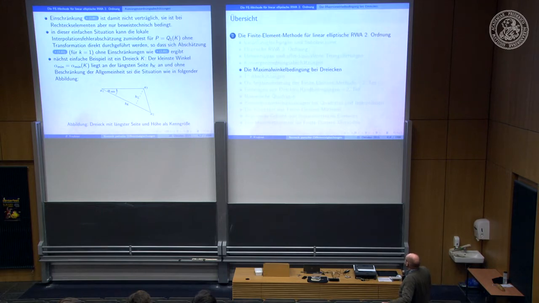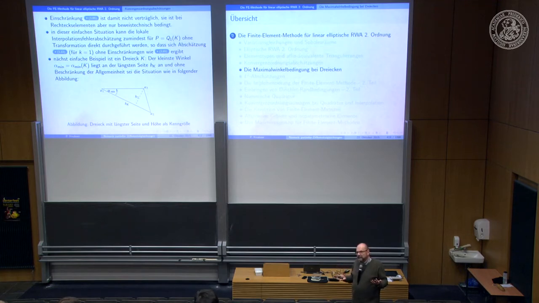So, summarizing it, we see for triangles, the shape regularity just means the minimal angle condition. It's both: on the one hand side, it's a consequence of the minimal angle condition. On the other side, if we really go along this line we went up till now with the transformation as we did it till now, this necessarily brings in the norm of the B and the norm of the B minus 1, and then we are stuck with this term.